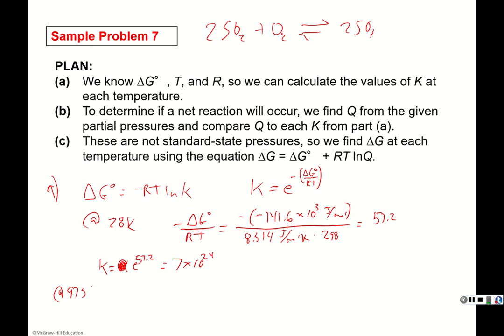At 973 Kelvin, we'd plug everything into that same equation. We get a delta G value that now at 973 is not quite so large, negative 12.12. Again, I'm going to skip putting units in because we've shown them above. We're doing the same thing, so we know they cancel.